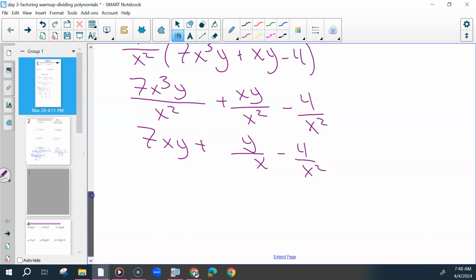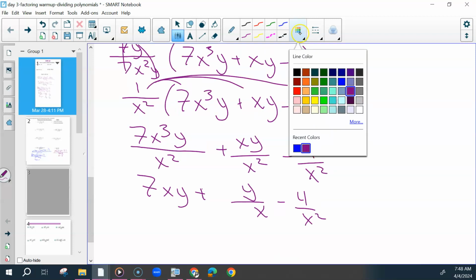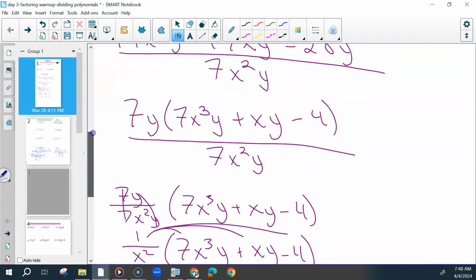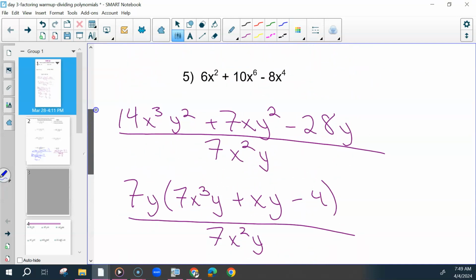So while you could do that, you'd have to remember to distribute it back and simplify. If you just started off separating, then you would end up with this right off. So let's do that. We're going to start with the original problem again, and we're going to separate each piece.